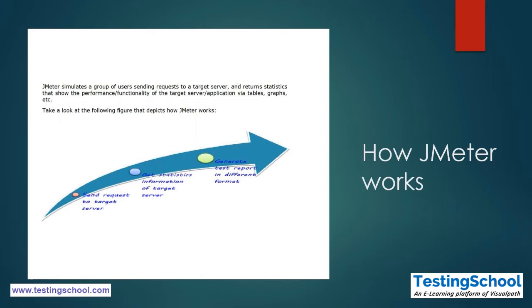So basically why we need any tool for performance testing is, logically, suppose you want to test a particular application, you want 100 simultaneous or concurrent users who are using the system at the same time and doing various activities on the application. So there are two approaches.